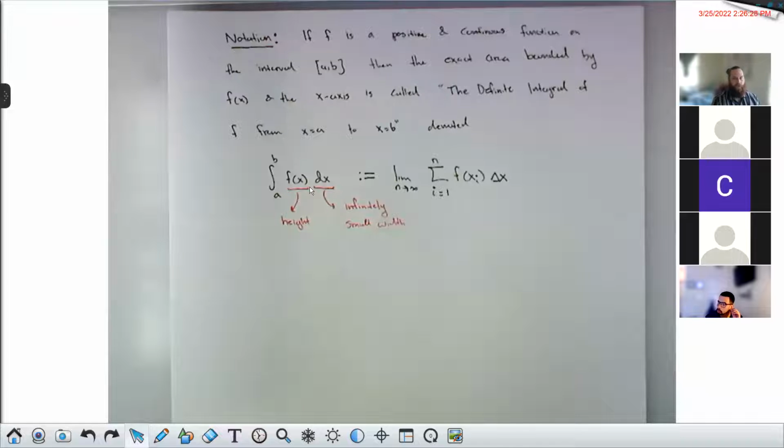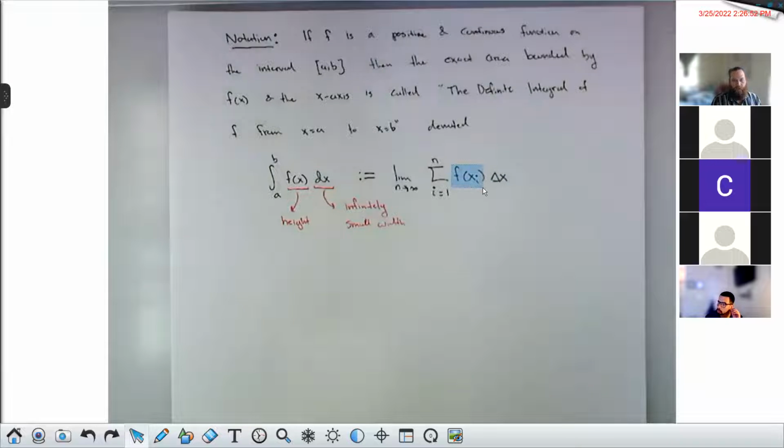So in the limit, as n goes to infinity, delta x is b minus a over n. So the b and the a are fixed constants, but n is getting bigger and bigger. So delta x is getting smaller and smaller, right? As you have more and more rectangles, each one of them is narrower and narrower. So this delta x kind of turns into this dx in the limit.